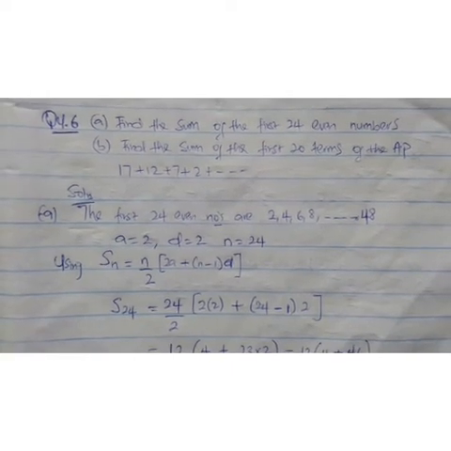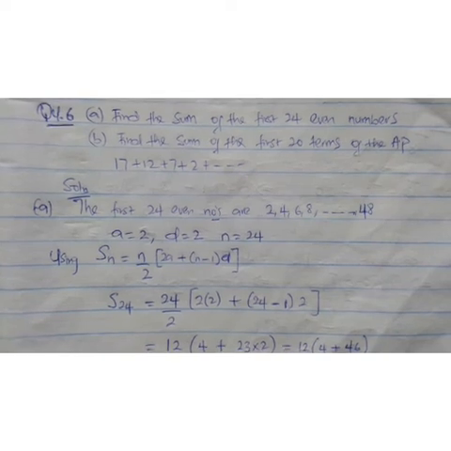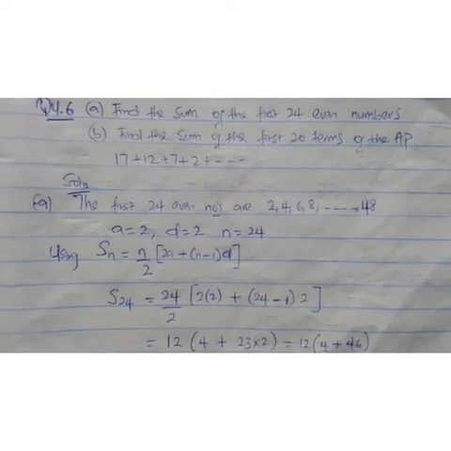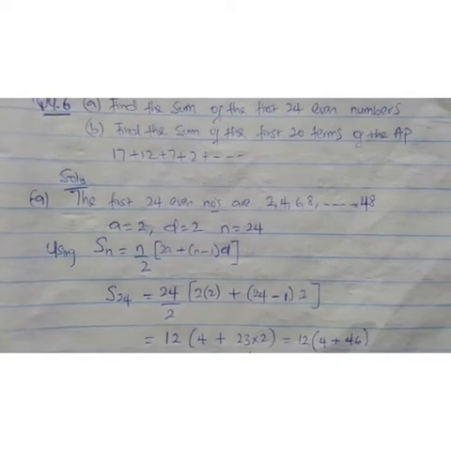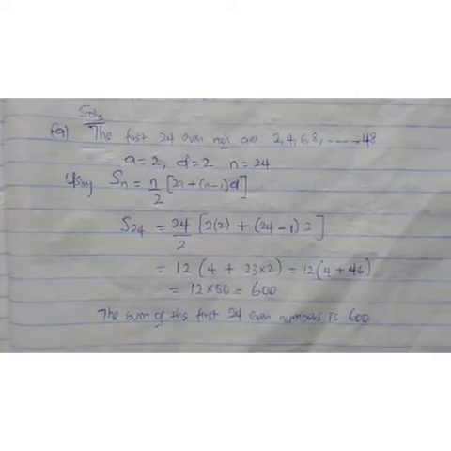Therefore, S24 = 24/2 (2(2) + (24 - 1)2). On solving, we have our answer to be 600. Therefore, the sum of the first 24 even numbers is 600.